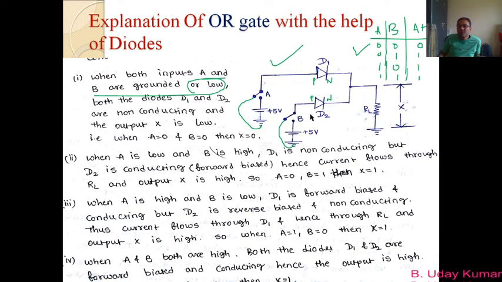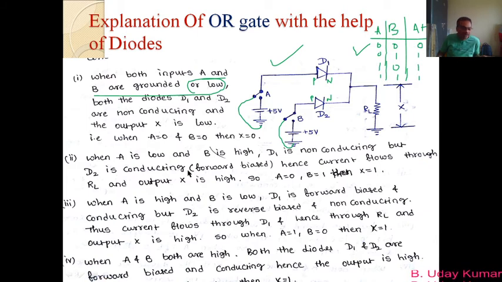So if no current flows through the diodes, no current will be flowing through RL, and hence if you try to find the potential across RL, you will get 0. What is potential? It is nothing but current multiplied by R, right? So if no current is flowing through RL, the output will be 0. So that is what you have to understand. So for 0 and 0, you get 0 here.